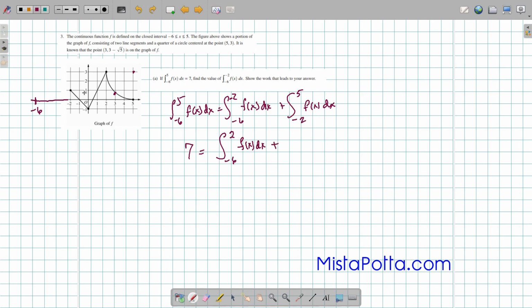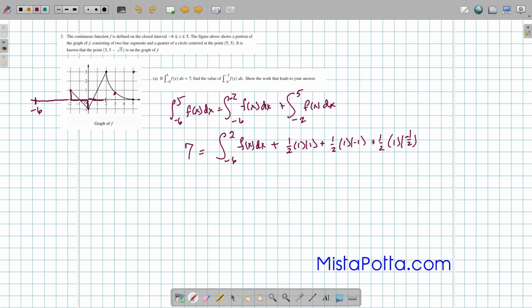This I can figure out using geometry. I've got a triangle with a height of 1 and a base of 1. So this is 1/2 base times height. This triangle has a base of 1 and a height of -1. So 1/2 base height. This triangle here has a base of a half and a height of -1, plus 1/2 times base times height.